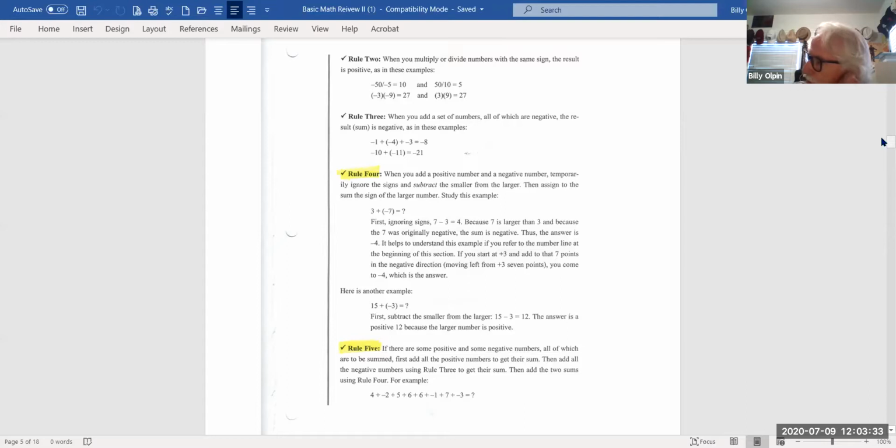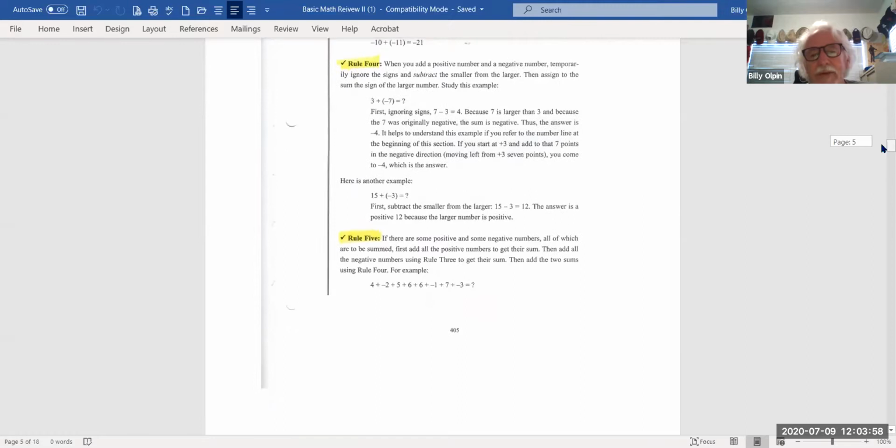So whatever is the larger number, you subtract the other number from it and assign the sign as necessary. So if the larger number is the negative number, then of course your answer will be negative.